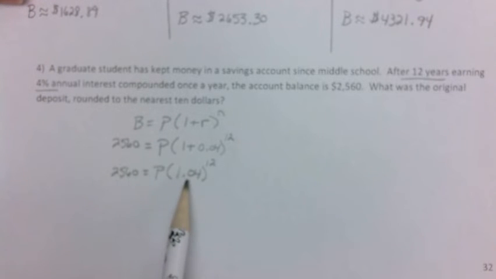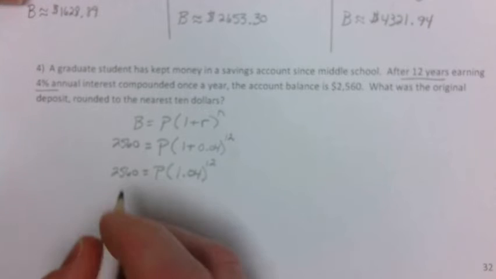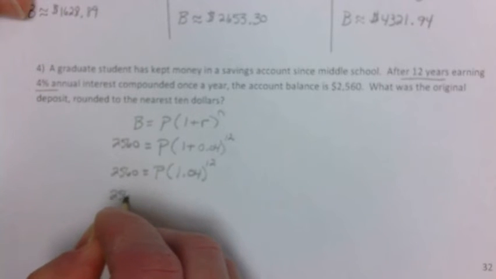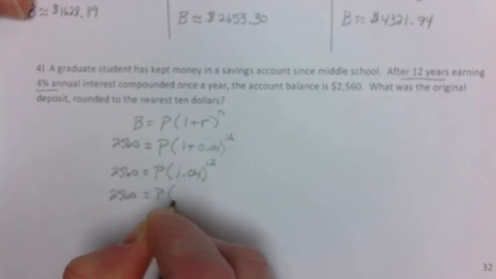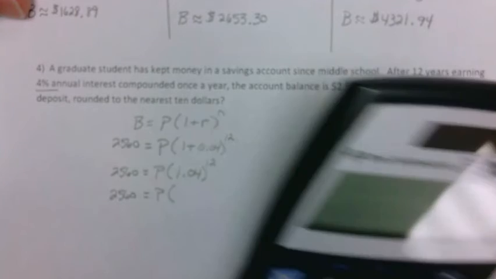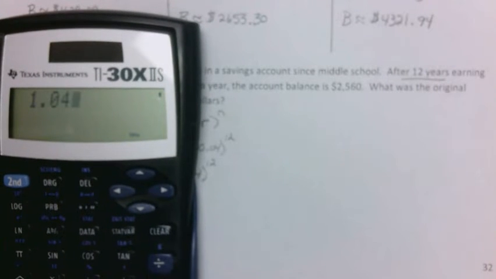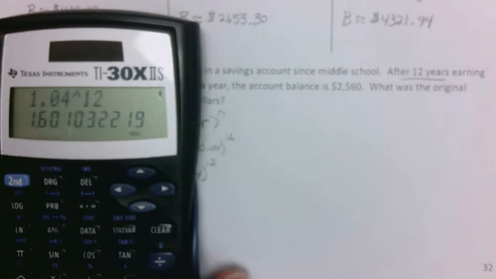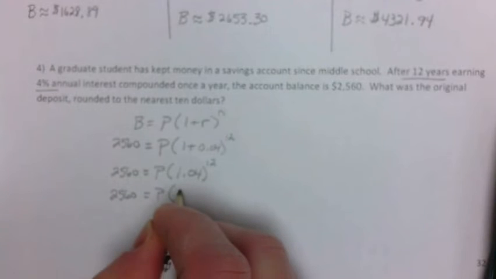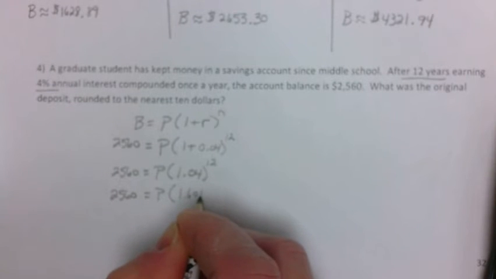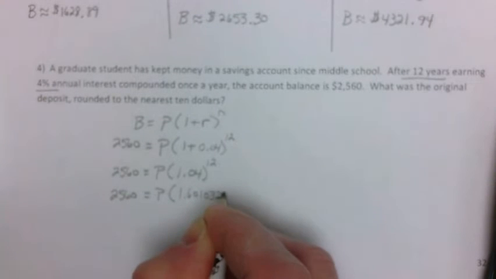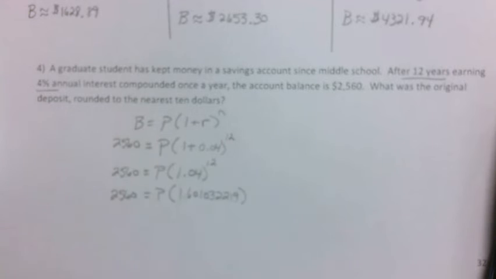Okay, now I'm going to find the value of the exponent. I'm going to do 1 and 4/100ths raised to the 12th power. So I'm going to have 2,560 equals P times, let's punch that in our calculator, 1 and 4/100ths raised to the 12th power. And I'm going to write out that entire decimal. So I'm going to have 1 and 601,032,219.